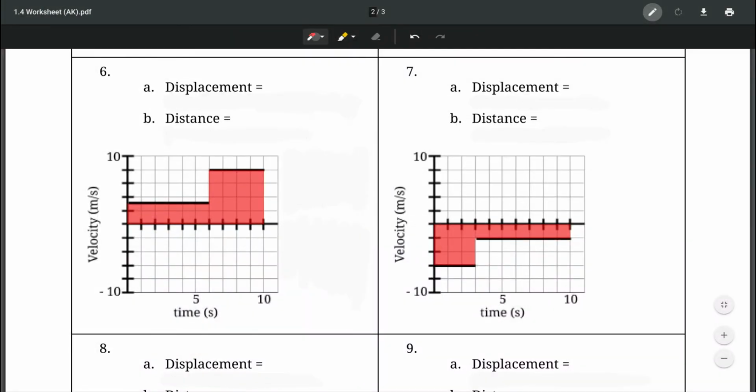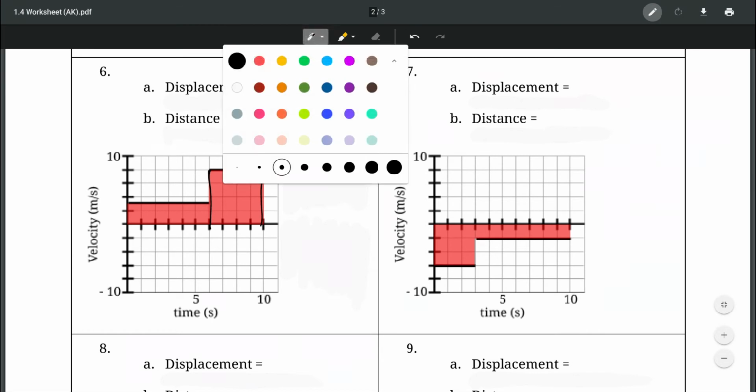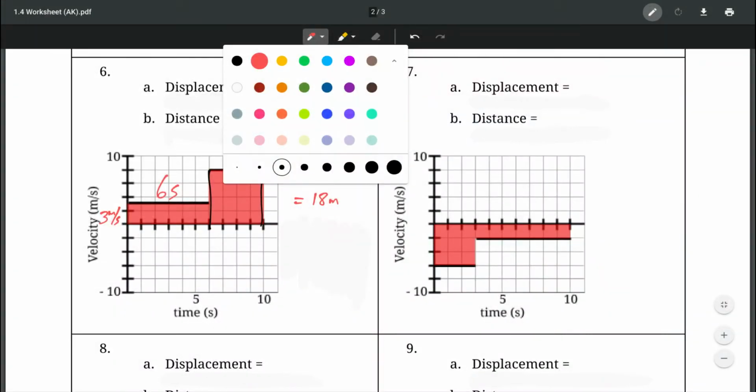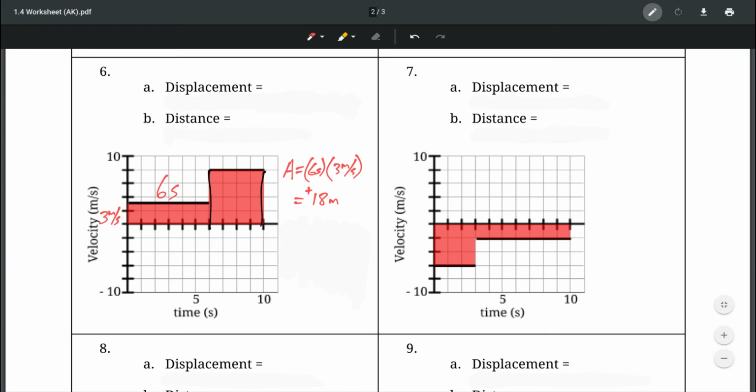In the next two problems, we have different velocities, and so what we need to do is separate these graphs into separate rectangles and then find the area of each rectangle and add those areas up to find our displacement. So for this first rectangle, the width is 6 seconds, and then the height is 3 meters per second. For the area of that, we would multiply them and get positive 18 meters. Then when we are looking at our second rectangle, the width is 4 seconds, and then the height would be positive 8 meters per second.